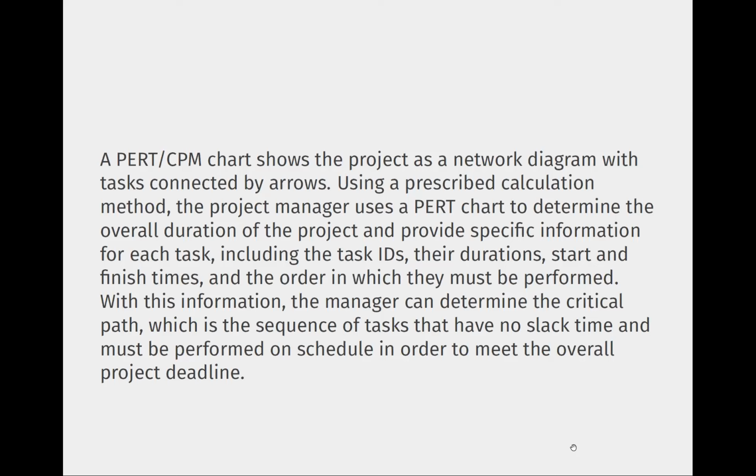The PERT chart is actually a kind of box shape, and within that box we keep information like the task IDs, the duration, start and finish. So once you have everything, you can decide how long it will take to finish. Slack time is the extra time you can take on a particular task, and the critical tasks you have to perform on schedule in order to meet the overall project deadline. So it's a must.